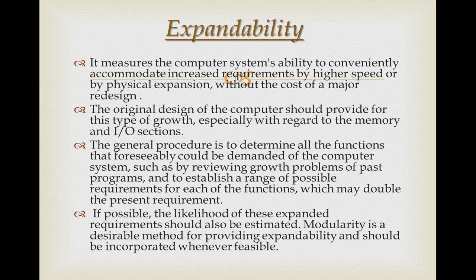Physical expansion means, if you need to expand the memory in your cell phone, you insert one extra memory card in it, that is physical expansion. Similarly, in expandability you can add expansion techniques and extend that memory, without major cost or redesign.